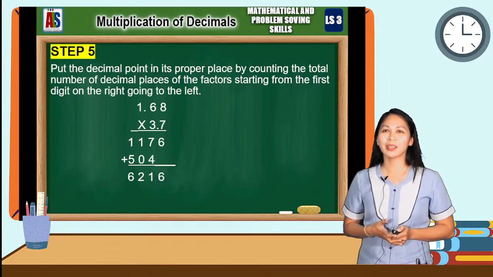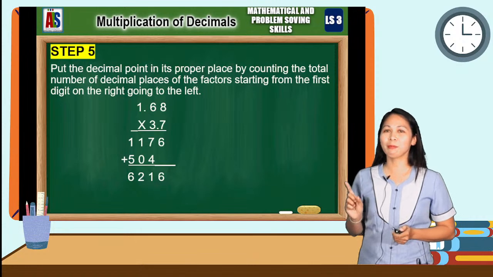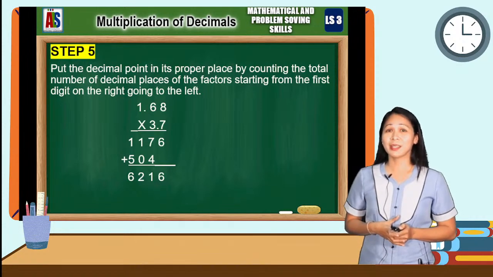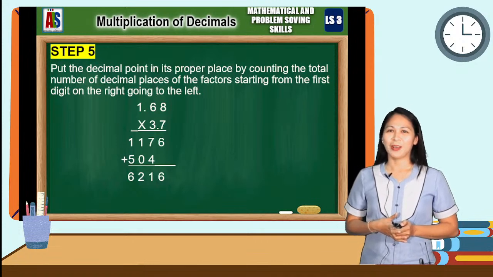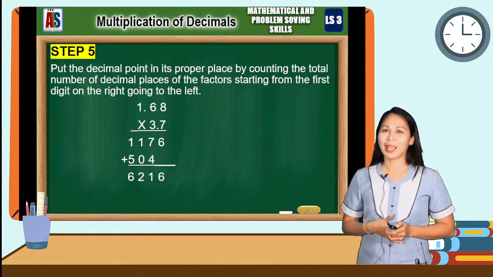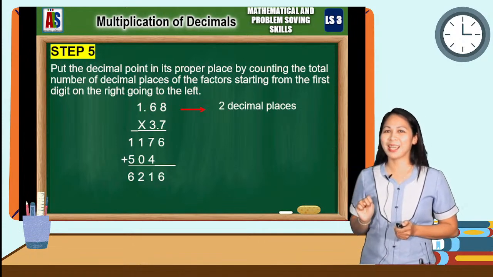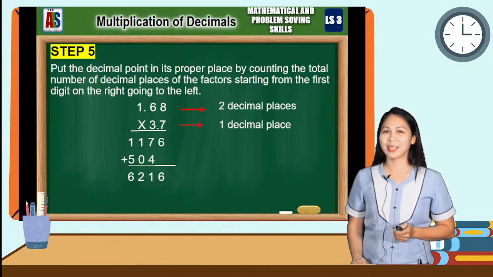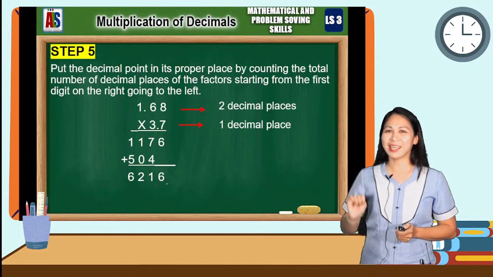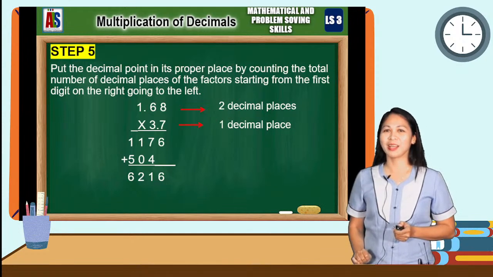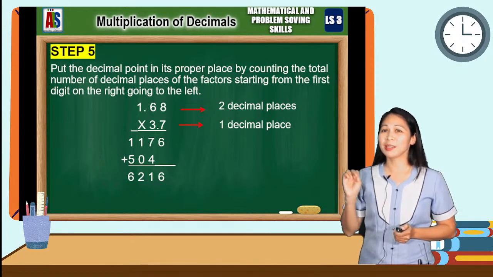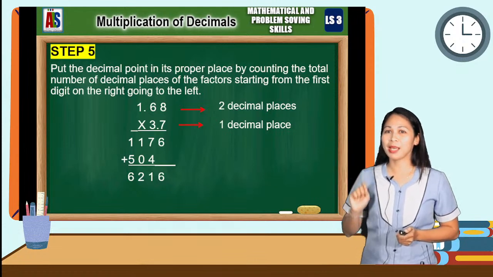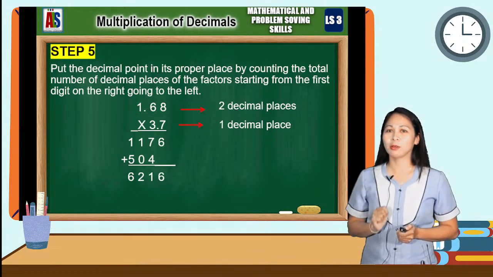Okay. So after computing the final product, next step, step 5, put the decimal point in its proper place by counting the total number of the decimal places of the factors starting from the first digit on the right going to the left. Okay, so the multiplicand has 2 decimal places, and in the multiplier we have 1 decimal place, a total of 3 decimal places. Now, we will put the decimal point 3 places from the right going to the left.